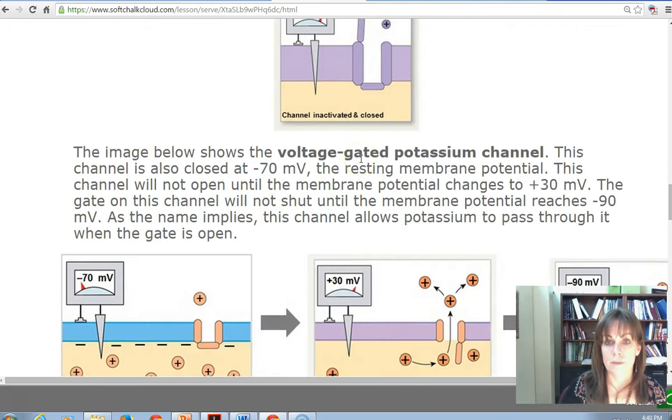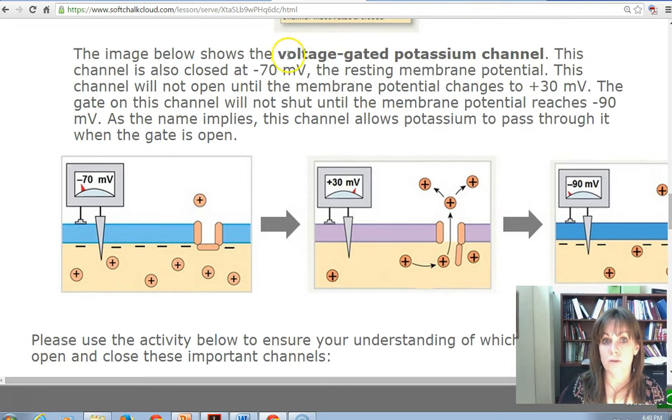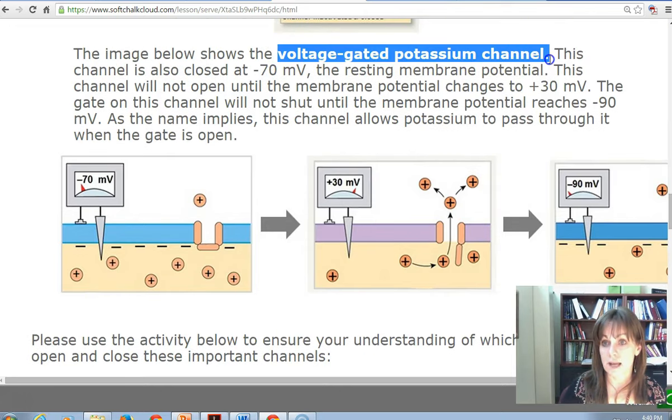And so this is a different channel. Sometimes these values are different for the different channels. This one is showing the voltage gated potassium channel. Here you see at minus 70 the gate is closed. But here at positive 30 for this one, it opens.